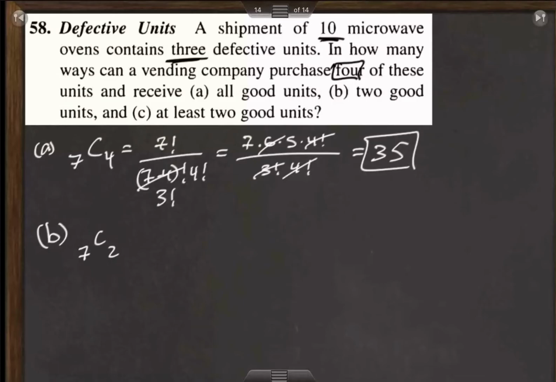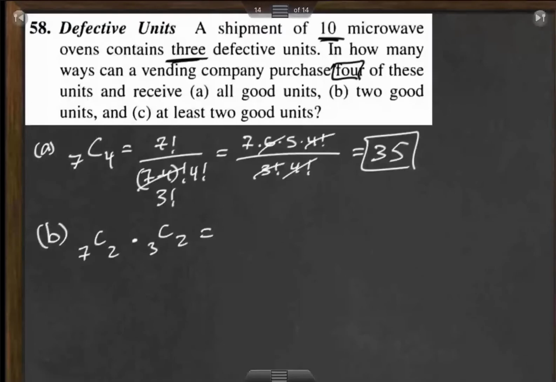So we have to multiply this number, which is the not defective, by the number of ways we can choose 2 defective units. There are 3 total defective units out of a shipment of 10. We multiply these 2 numbers to get the total number of ways to get exactly 2 good units.